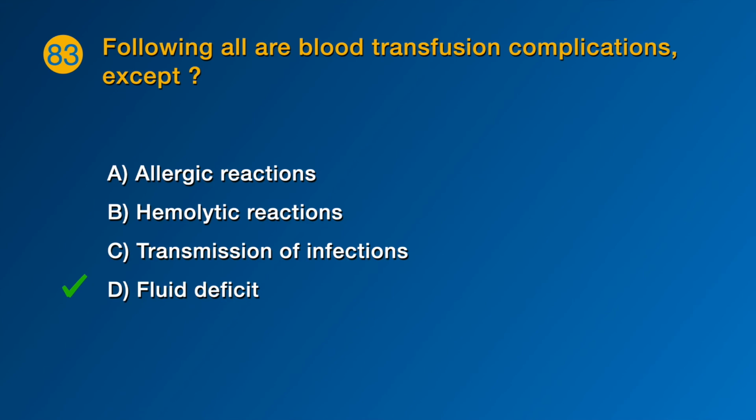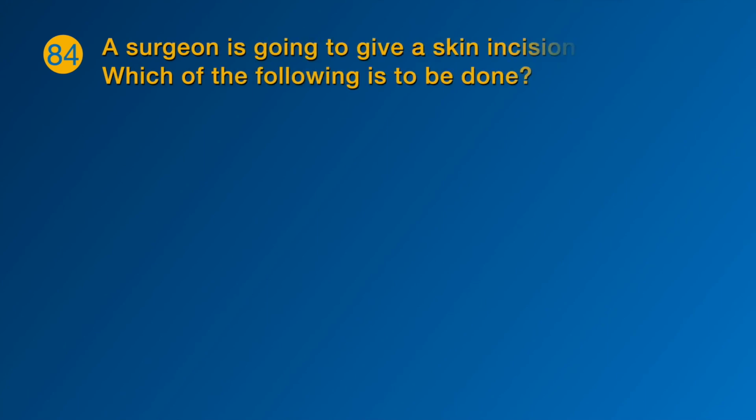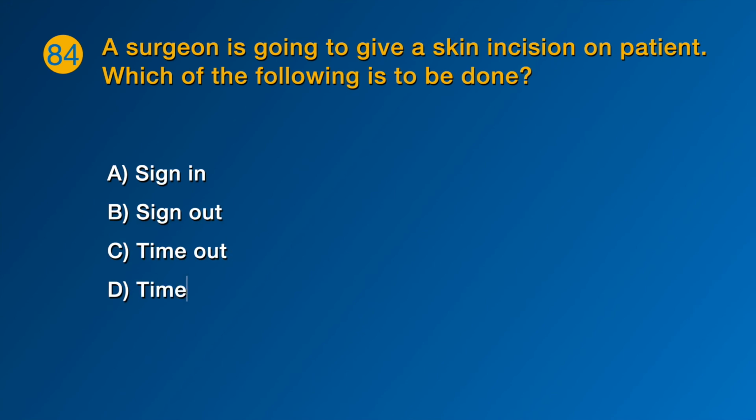Next question is, a surgeon is going to give a skin incision on patient. Which of the following is to be done? Options are sign in, sign out, time out, time in. So answer is C. Time out. 5 steps of safer surgery is: first is briefing, second sign in, third time out, fourth sign out, and fifth is debriefing.